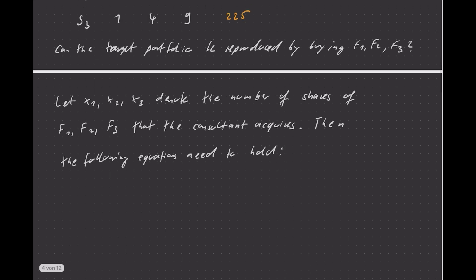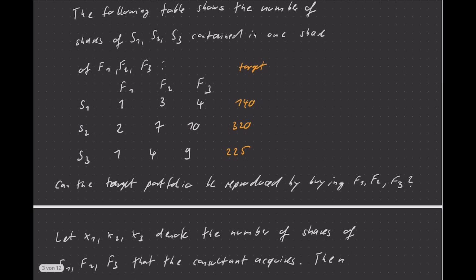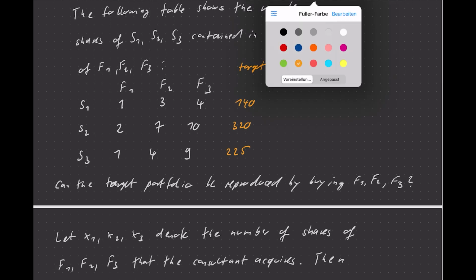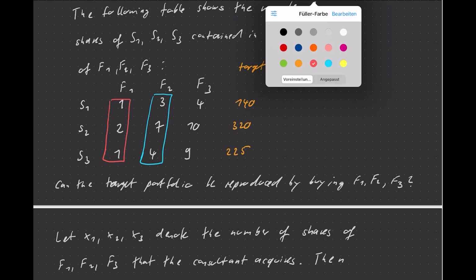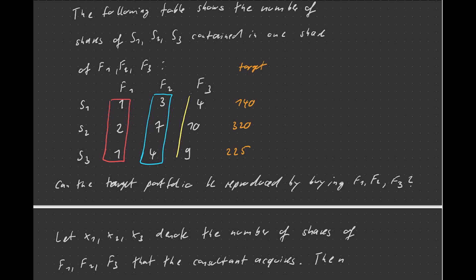So let's have a look at that data here. What we have here is for each fund the number of shares that are included in that fund. So we have the red fund F1, the blue fund F2, and the yellow fund F3.